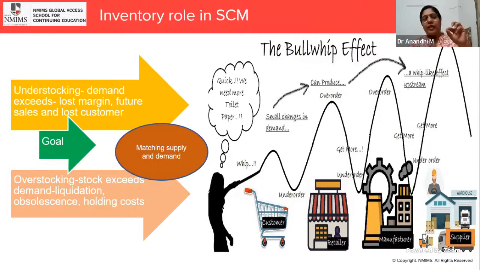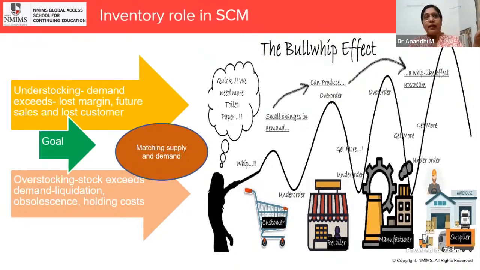A small change from the customer end, a change in buying behavior, is going to cause huge frictions across the supply chain. And when it goes to your manufacturer, he will be left with piles and piles of inventory. That is a very crucial situation, which is very difficult for a manufacturer to overcome.